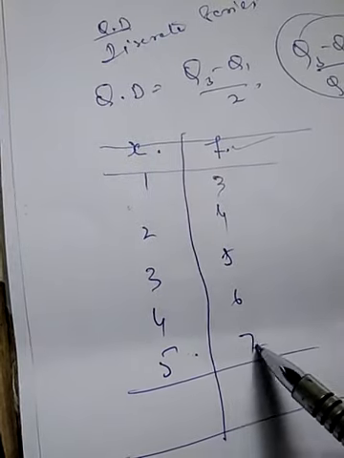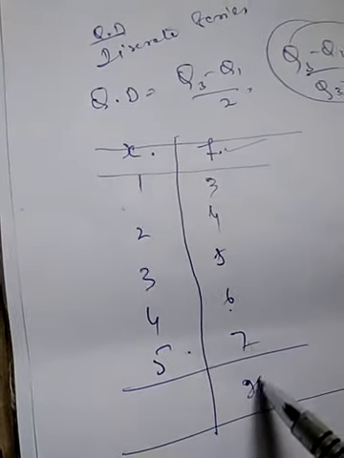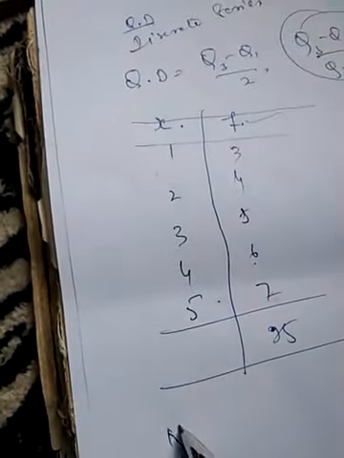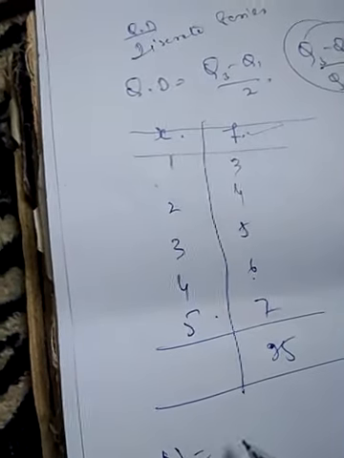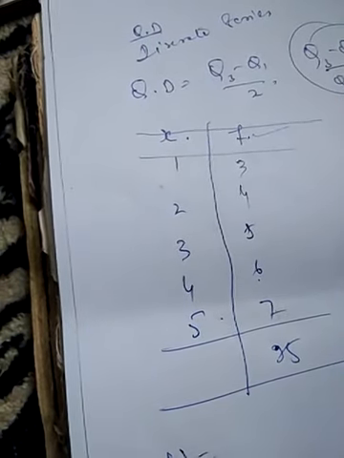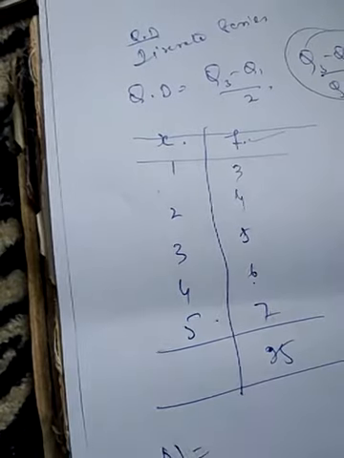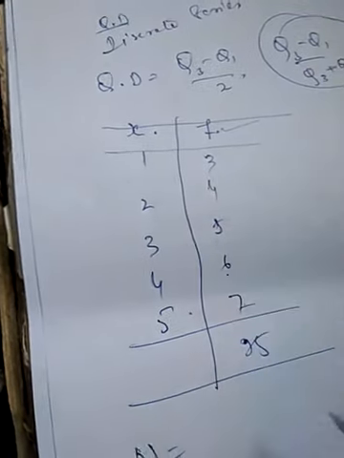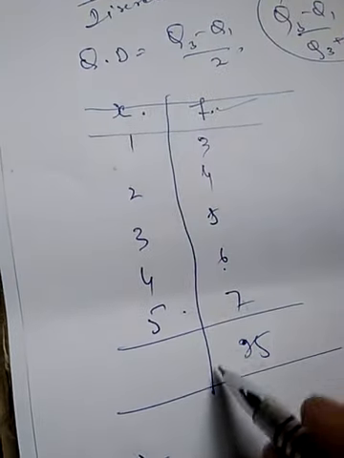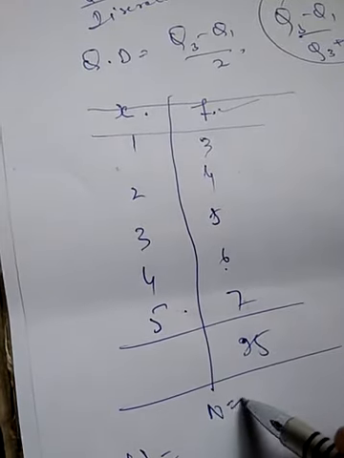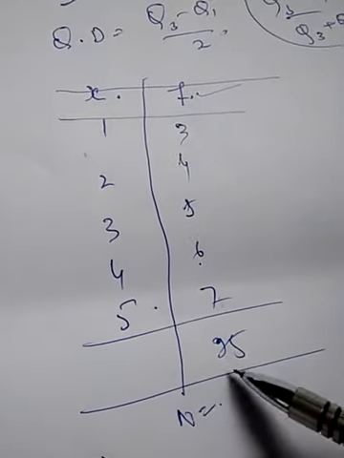One thing you have to remember, in case of individual series, n was the number of the items. As you saw in the previous example, it was 11, for example. But in case of discrete series, it is the summation of the frequencies. As you see here, it's 25.